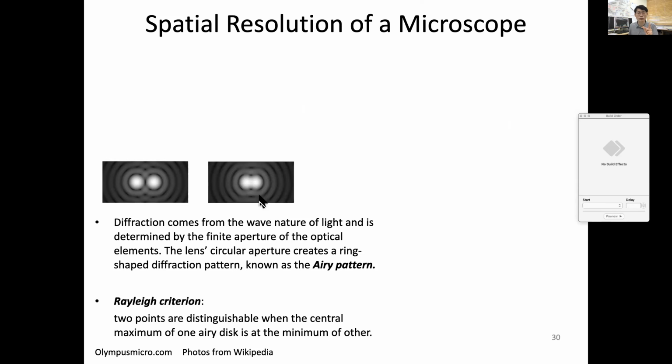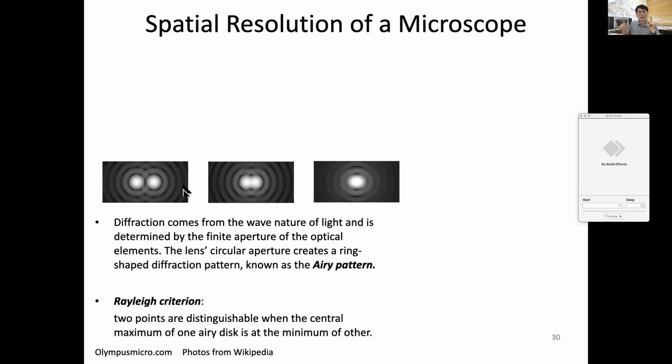What if they are closer? That's a little hard, but I think I can still resolve. I can see there are two objects. What if they are even closer than that? Oh my gosh. If you don't know anything about the object, can you consider there are two objects over there? Probably not. So this means we cannot resolve it anymore.